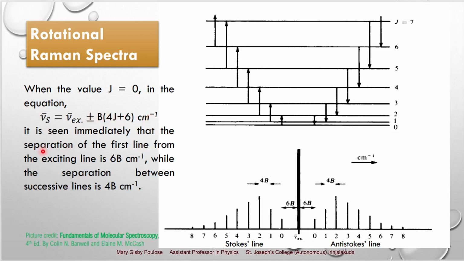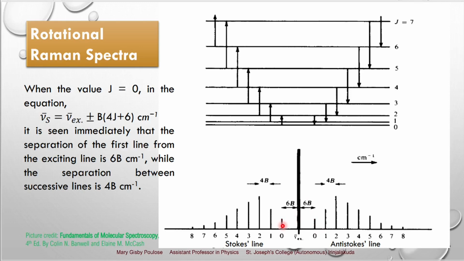So here we can see that the separation of the first line from this excitation Rayleigh line is 6B. For plus 6B, it is at this position, the first anti-Stokes line. For minus 6B, it is this line, the first Stokes line.